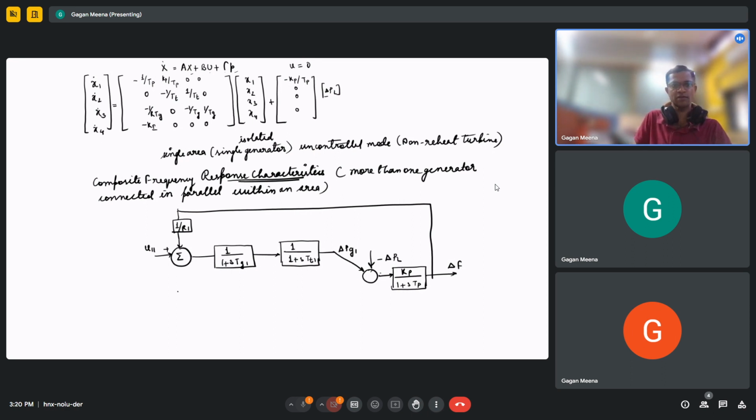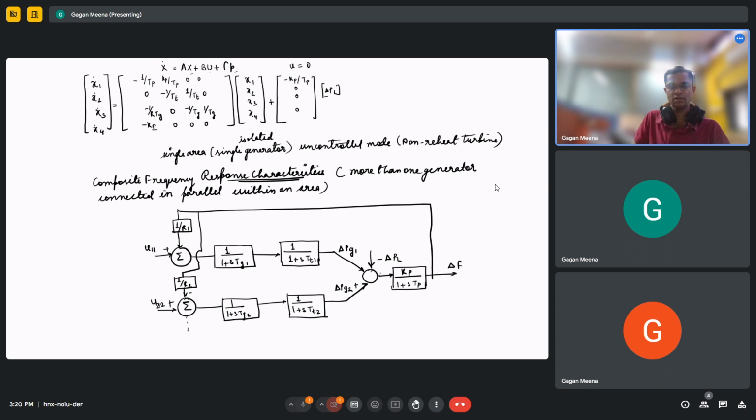So this is for the first one. Similarly, we can have the second one also. Here it will be 1 by R2, minus here, this is U2. This will be 1 by STG2, then 1 by 1 plus STT2, and this will be delta PG2.